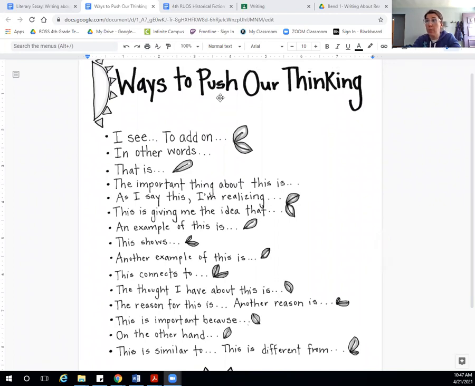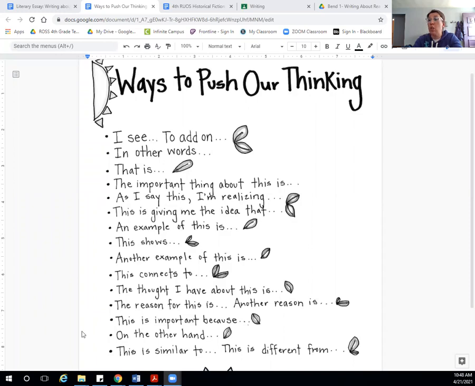We have some of these prompts such as "I see," and then you would add your thinking or what you are noticing in the text. And then you use the next sentence to add on and put some more details to further support what you're thinking. We have "in other words," "that is," "the important thing about this is," "as I say this." You just use some of those.